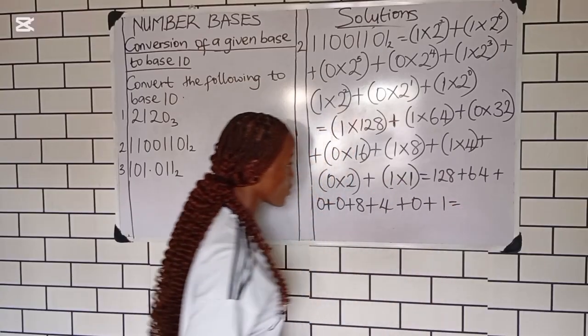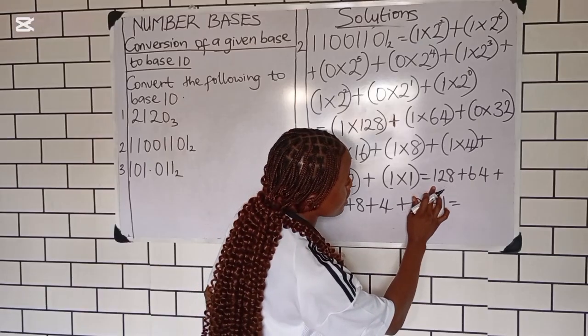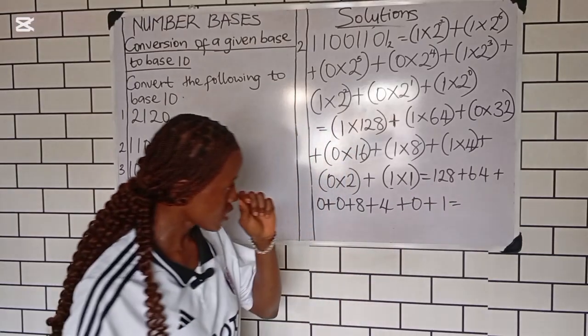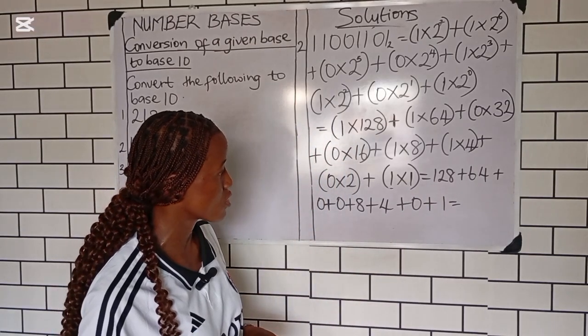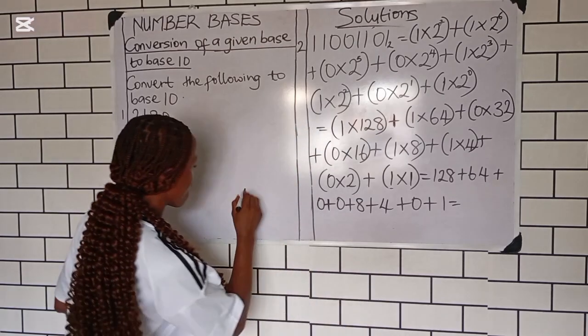This will give us equals to, we add 128 plus 64 here will give us 192. Let me check it.